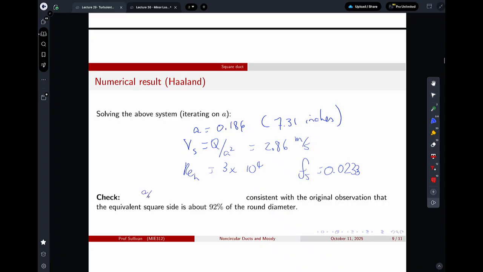And so A over D is 0.186 divided by 0.203, which is approximately 92% of the original round diameter.